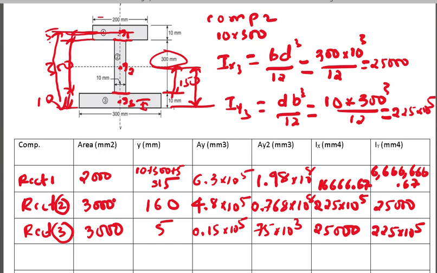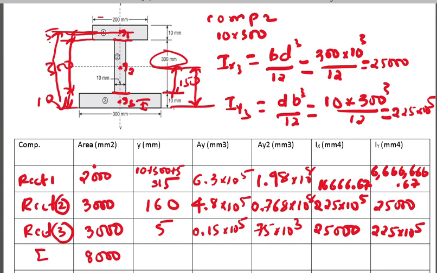So you got all the values of component 1, component 2 and component 3. Next is summation. At last you have to sum all the components' areas: 3 plus 3 is 6, 6 plus 2 is 8,000.